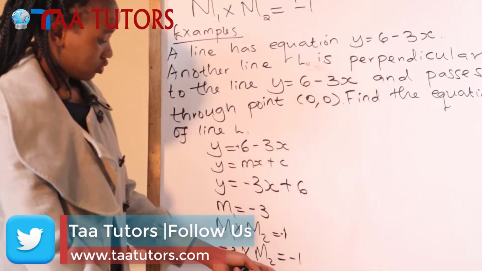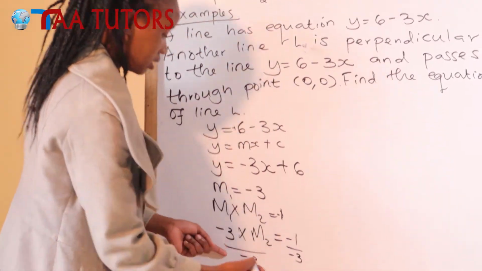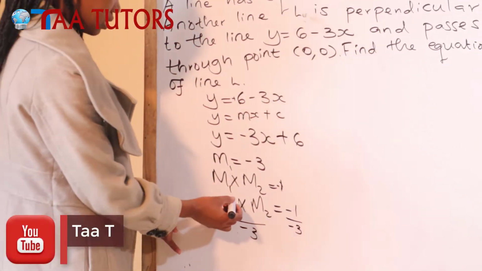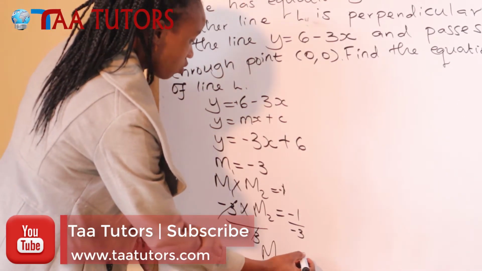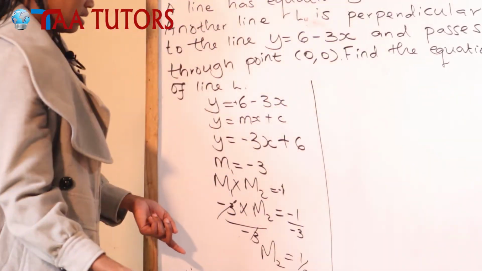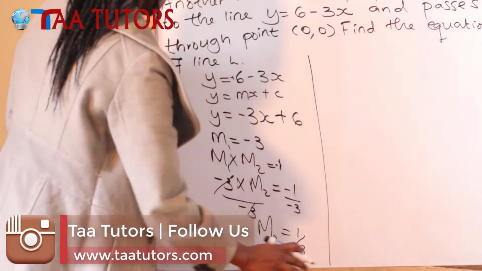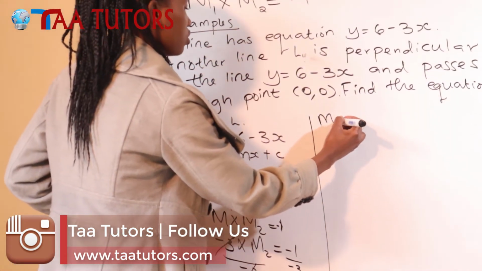To remain with m2 on this side, we divide both sides by -3. Our m2 equals 1/3. So the gradient of L equals 1/3.